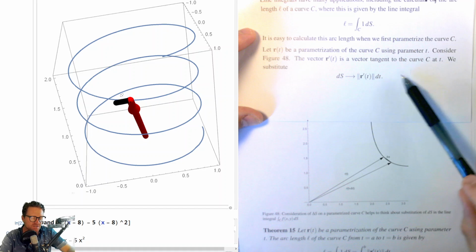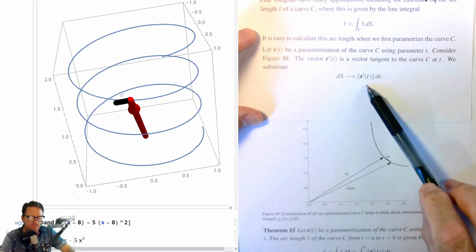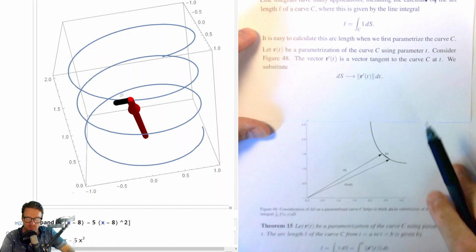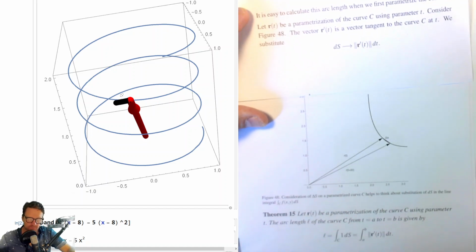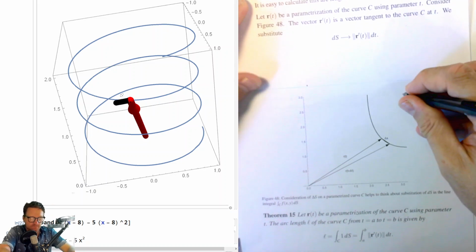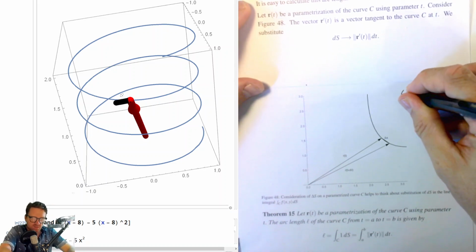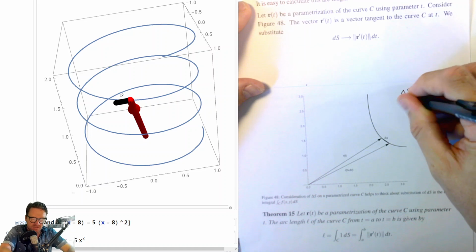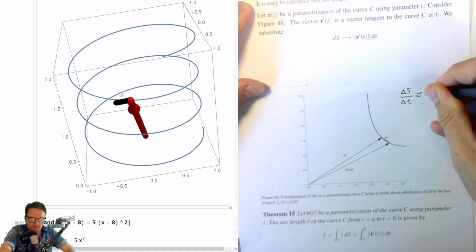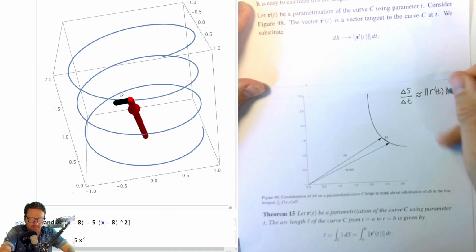So we make the substitution, ds goes to the norm of r'(t) dt. Okay, but what's going on here is, delta s over delta t is approximately the norm of r'(t).